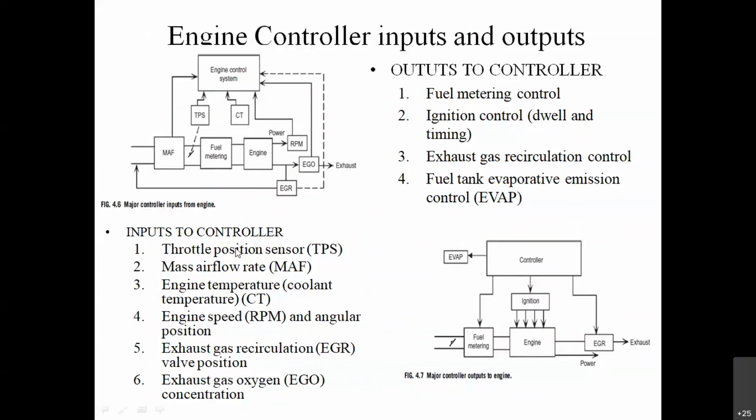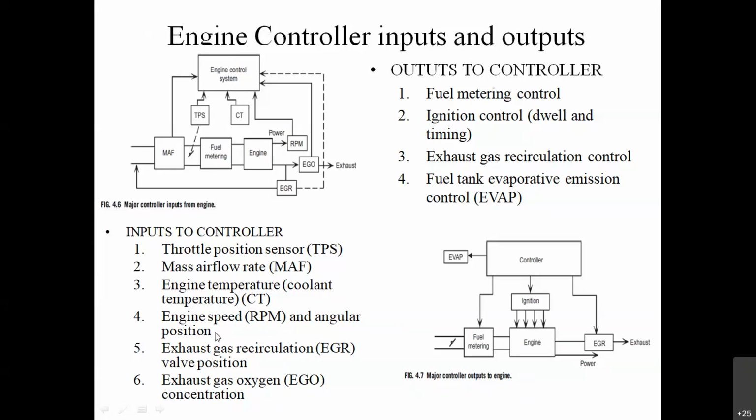As an input controller, the inputs which are connected to this engine control unit are the throttle plate position, then the mass airflow rate, and the engine temperature, that is the coolant temperature, which is also an important input required for proper functioning of your engine. Next is engine speed and angular position of your engine, that is the crankshaft.